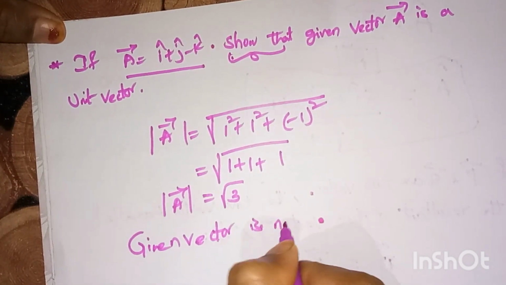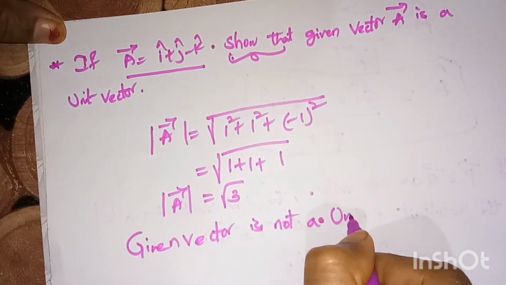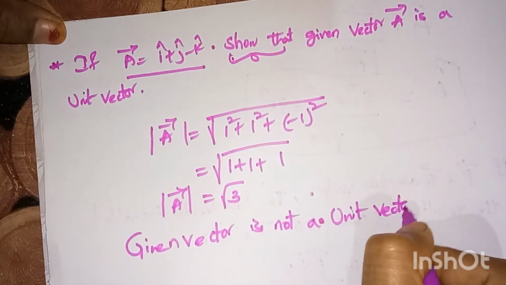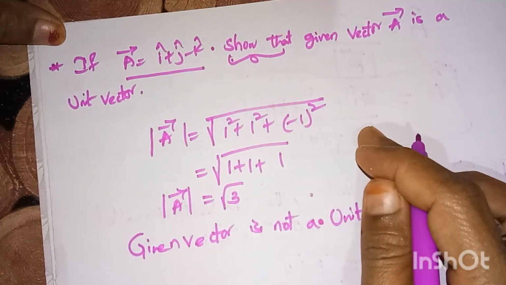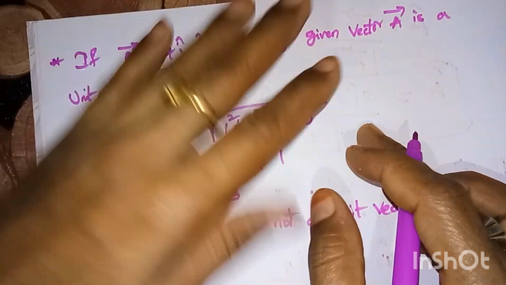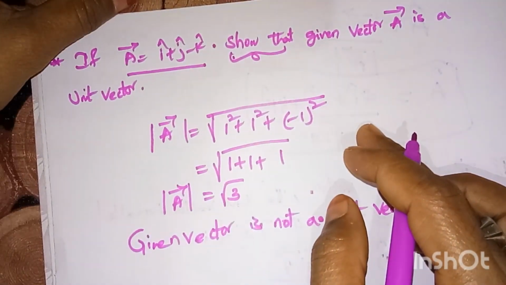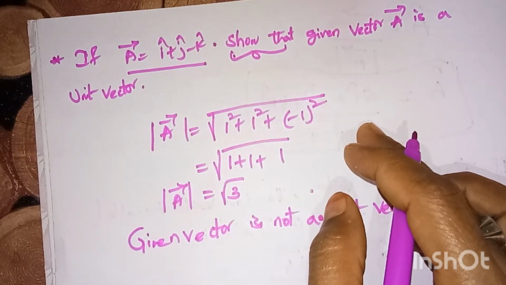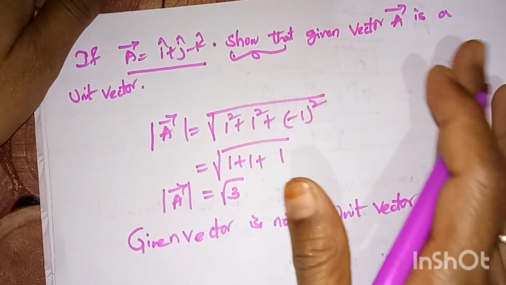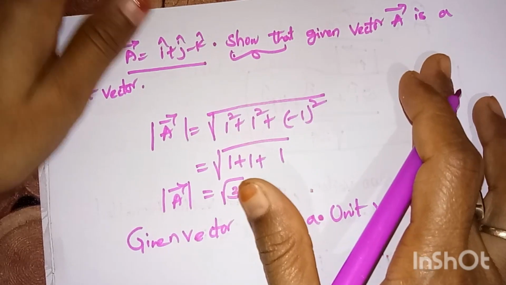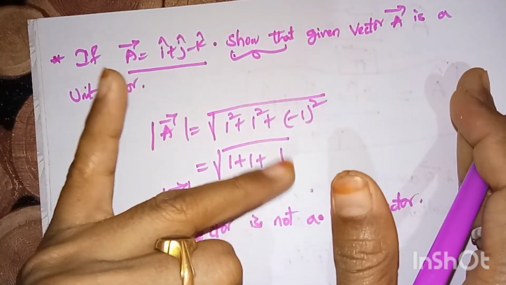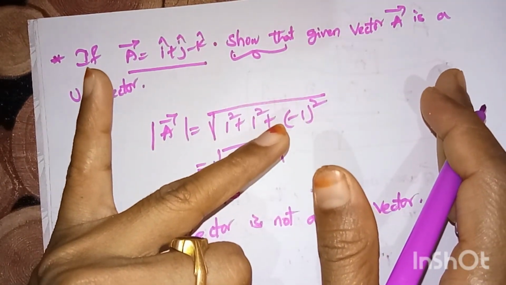This is how you can check whether a given vector is a unit vector or not. With the help of magnitude you can determine whether the given vector is a unit vector. So this is how we can calculate the unit vector for a single vector, and check whether the given vector is a unit vector or not.